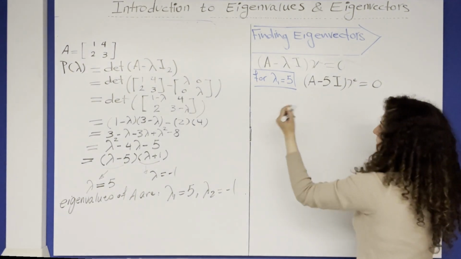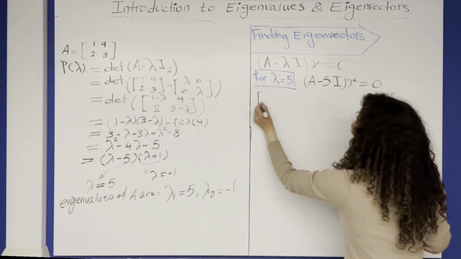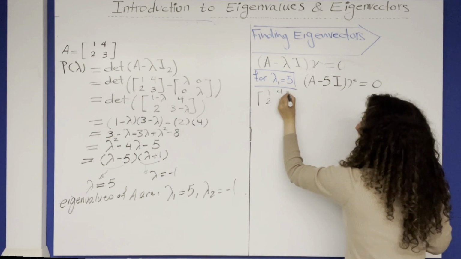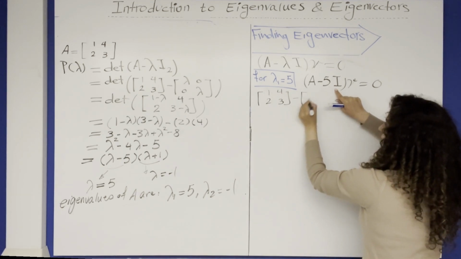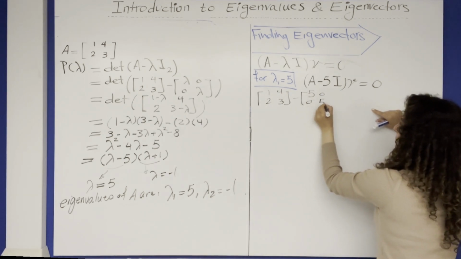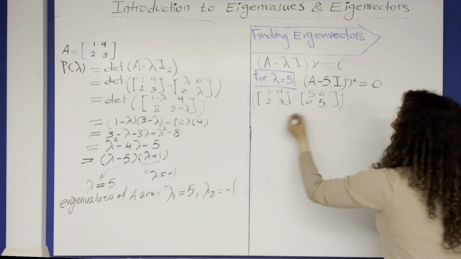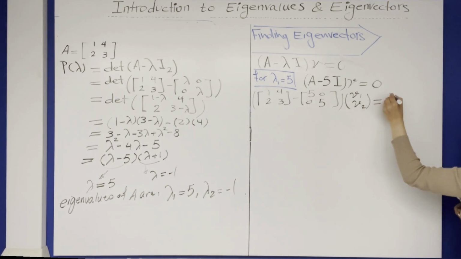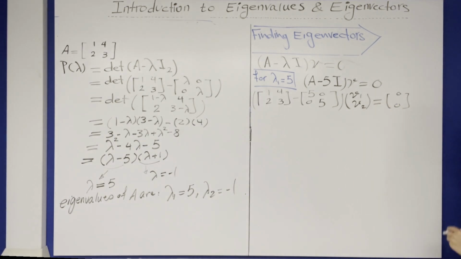So I'm going to just expand this. So I have A minus 5 times identity times vector v, which I'm going to write as v1, v2, to be equal to 0, 0.